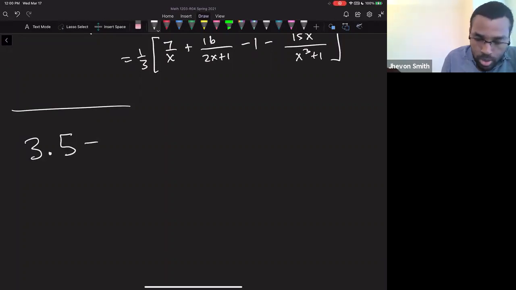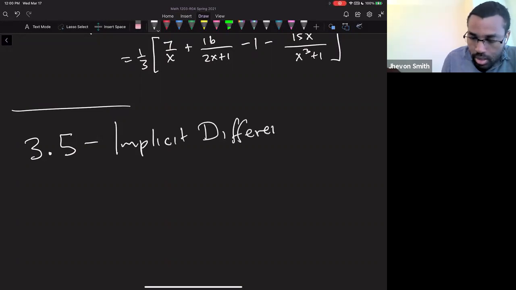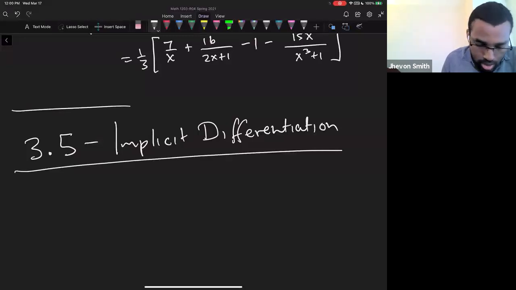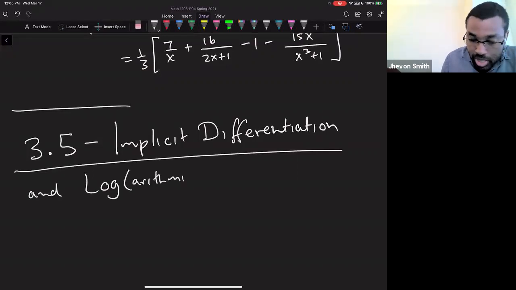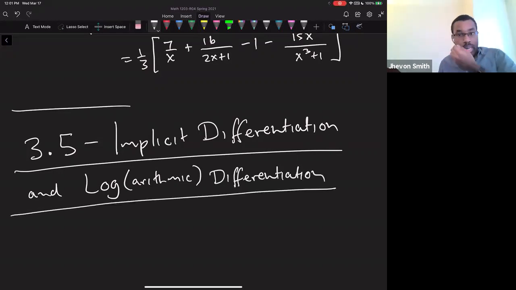This is where we're going to talk about implicit differentiation, and something called log differentiation. Full name is logarithmic differentiation, but we usually leave out the logarithmic part. We've actually seen both of these guys before, but now we're actually going to look back at them in detail.